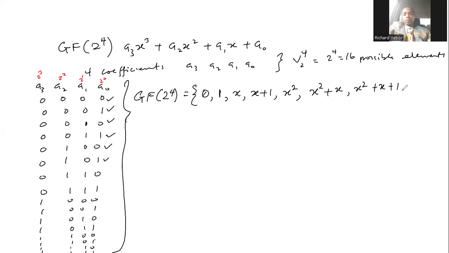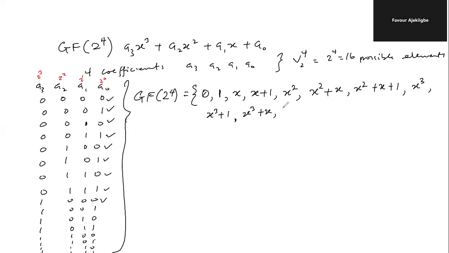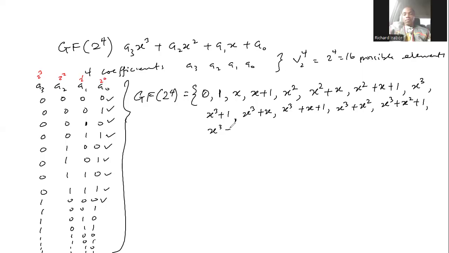Then the next one is x cubed, then x cubed plus 1, then x cubed plus x, then x cubed plus x plus 1, then x cubed plus x squared, x cubed plus x squared plus 1, x cubed plus x squared plus x, and then x cubed plus x squared plus x plus 1.